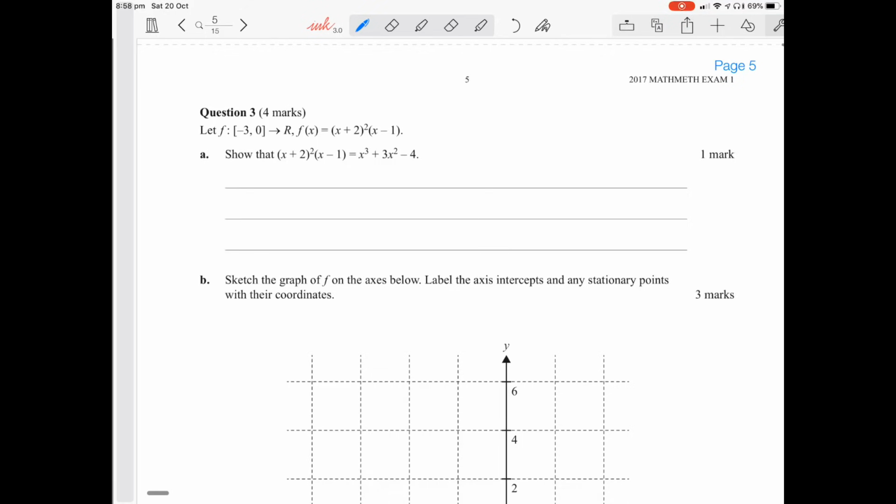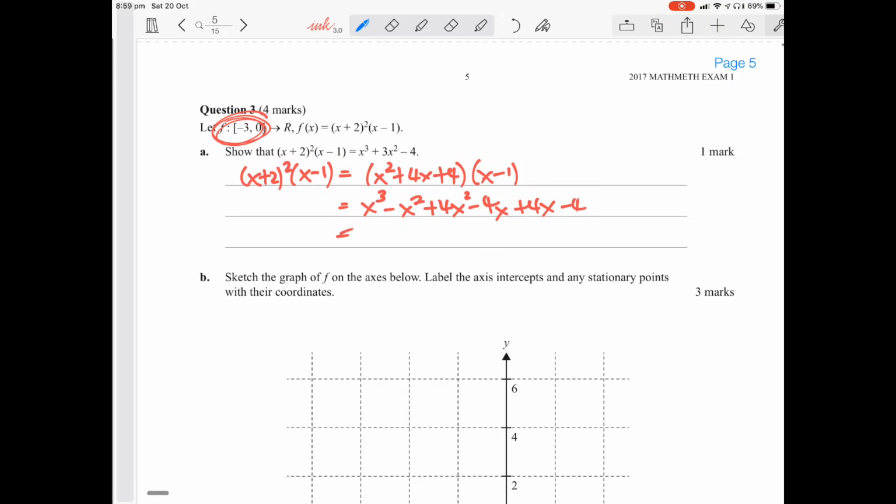Okay, don't miss this restriction. Okay, show that that's that, so let's just expand it. So x plus 2 squared, x minus 1: x squared plus 4x plus 4 times x minus 1. I would show the next expansion as well. x cubed minus x squared plus 4x squared minus 4x plus 4x minus 4.